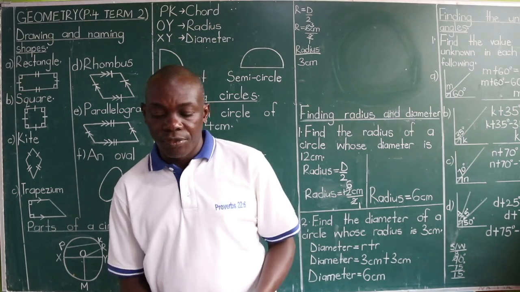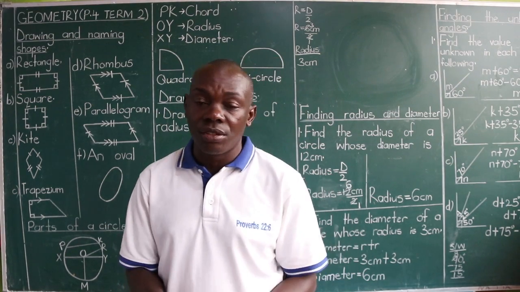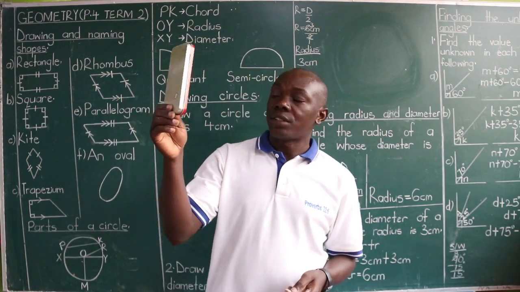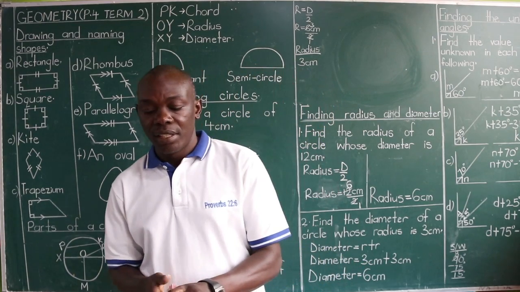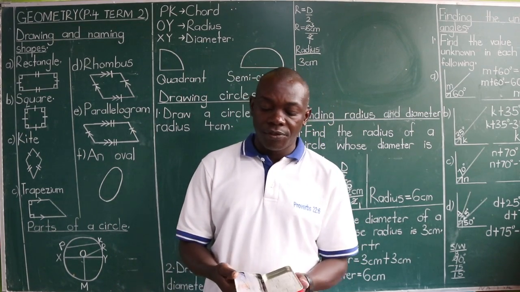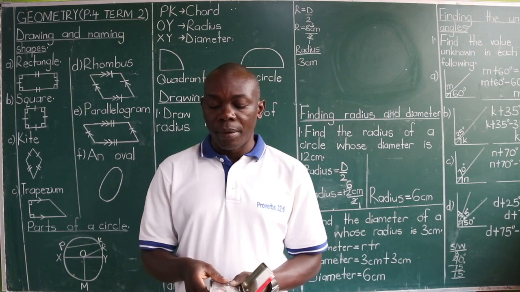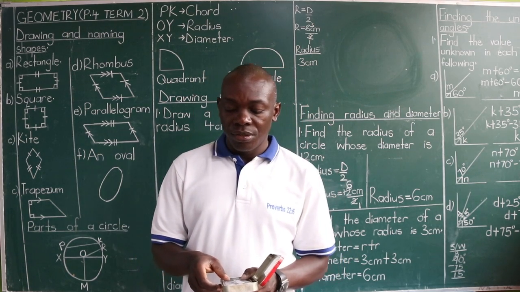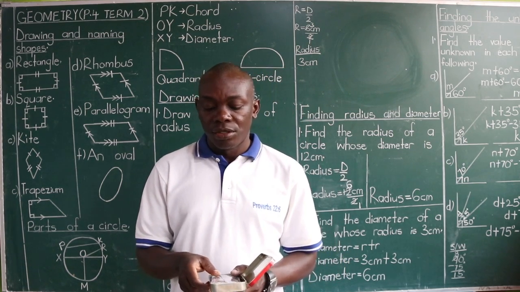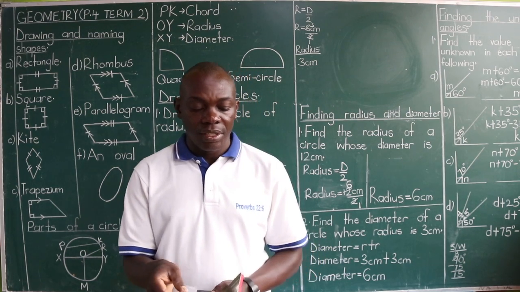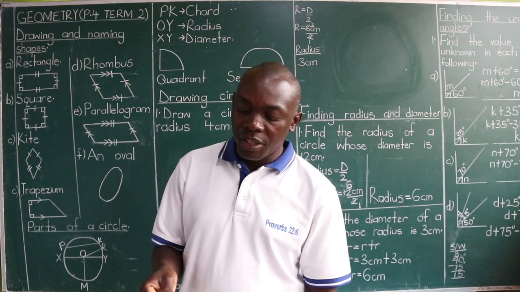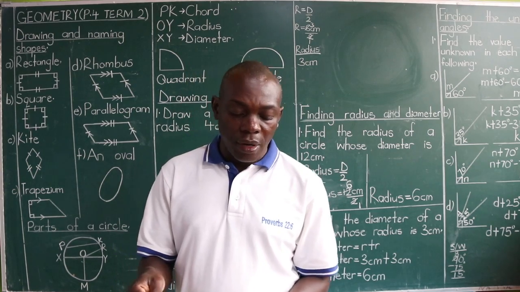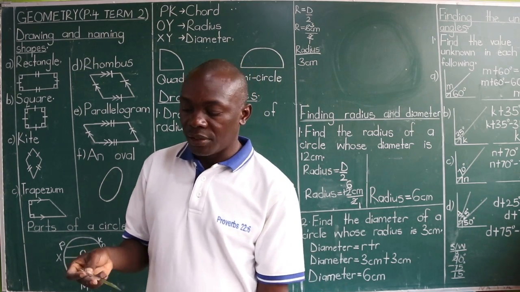What you need to have is what is called a geometry set, which must be full of all the instruments that you bought it with. So it must not be empty. These are the instruments you must have.